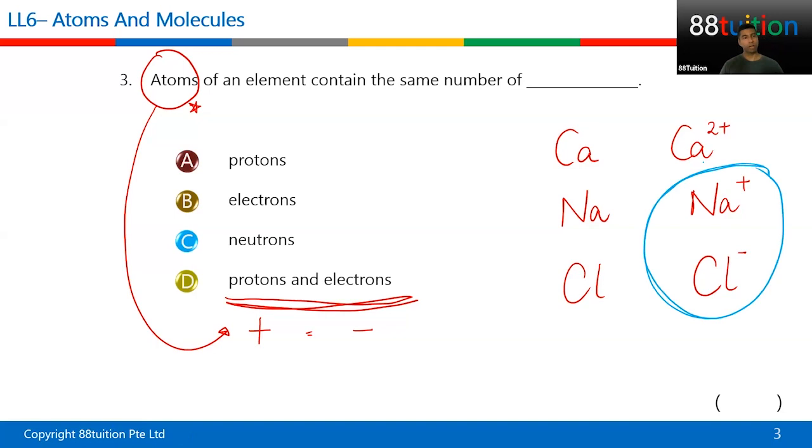They pair up to become neutral. Because when they are ions, they are a bit unstable. So to become stable, they go and look for their partner. The plus will look for a minus, and because the plus will cancel out a minus, it will become a neutral compound called NaCl.